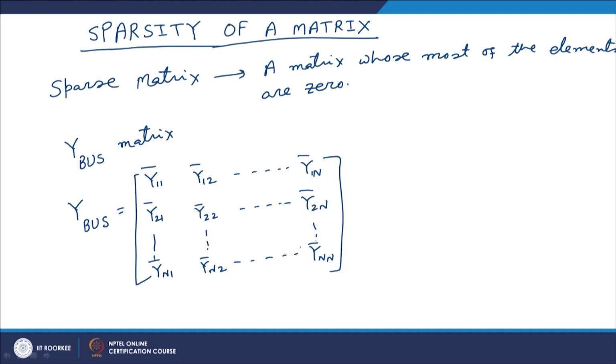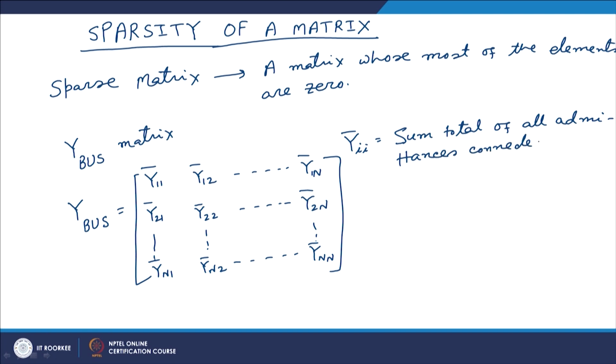Now, let us recollect what these diagonal elements are. The diagonal element y I I is basically the sum total of all admittances connected to bus I, that we already know. And y I j, what is y I j?